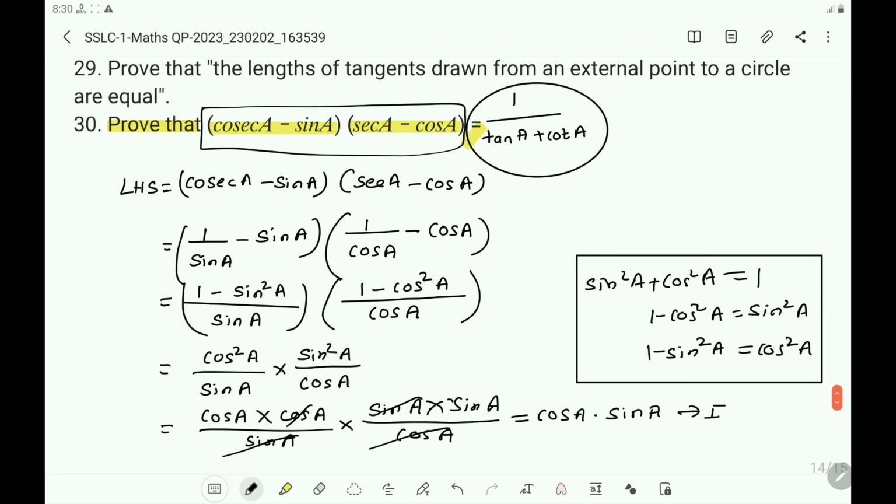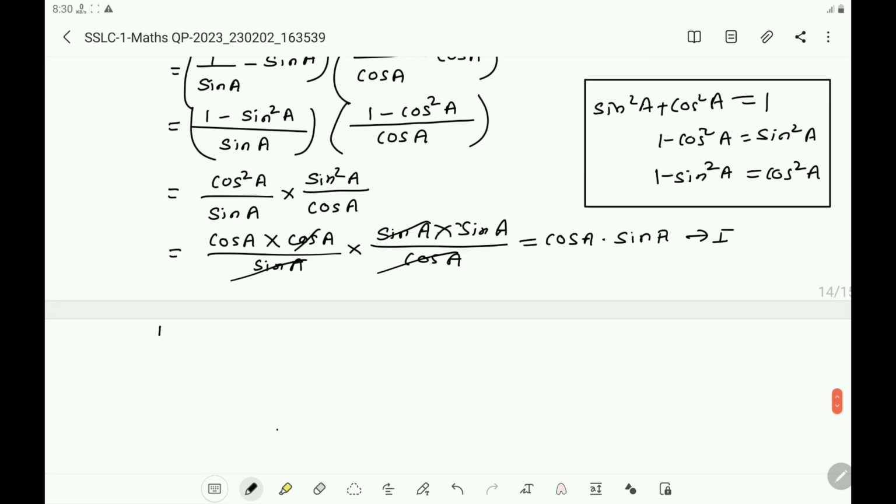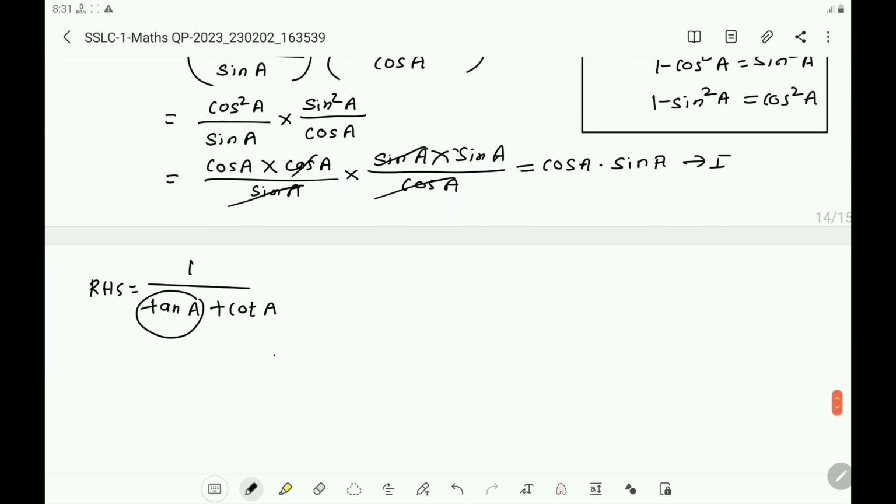What is that RHS? 1 by tan A plus cot A. You express this tan A in terms of sin by cos and cot A in terms of cos by sin. You must know this relation, then only you can solve it.